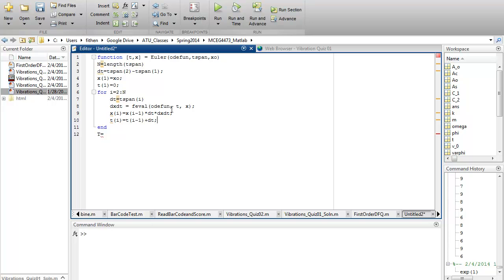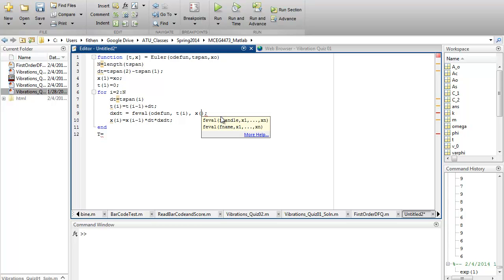Okay, now I need to send in the current time I'm at right here. The current time is not, actually it doesn't get calculated anyway, but okay, so then I need to send in the time, or the x value at the last location.